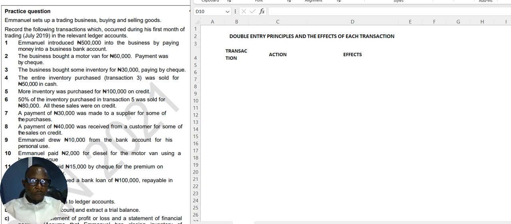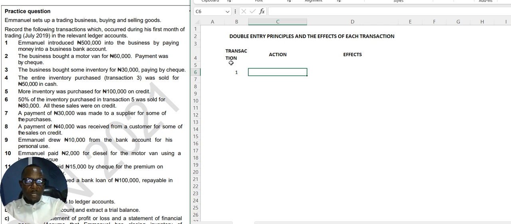So the first one is Emmanuel introduced 500,000 into the business by paying money into a business bank account. Now we'll name this transaction 1. And what are the actions that we have to take?